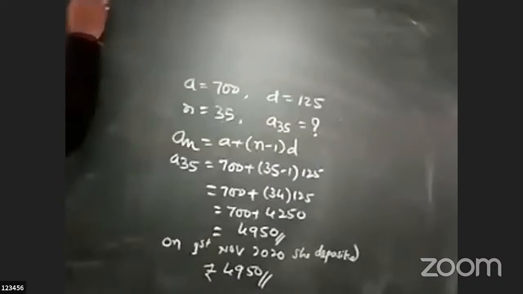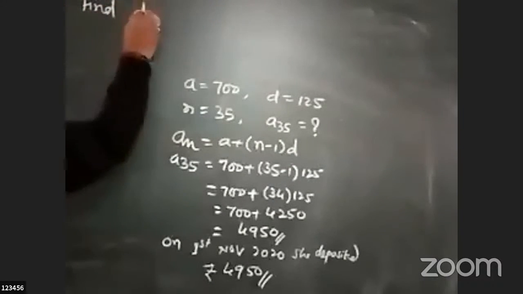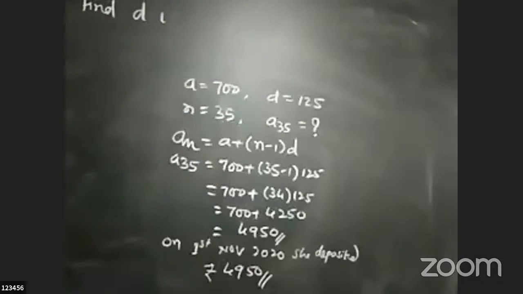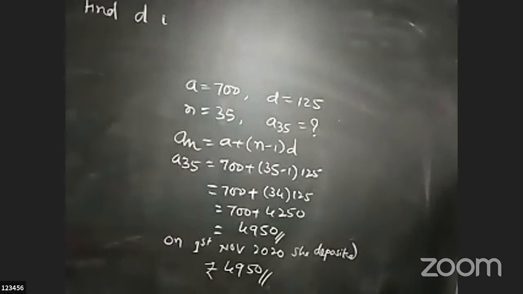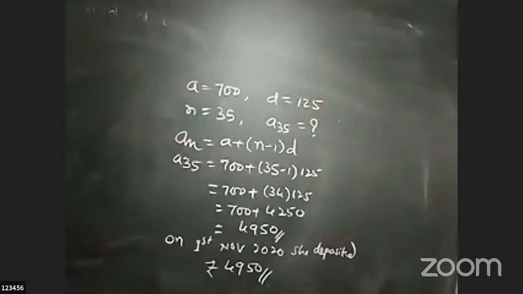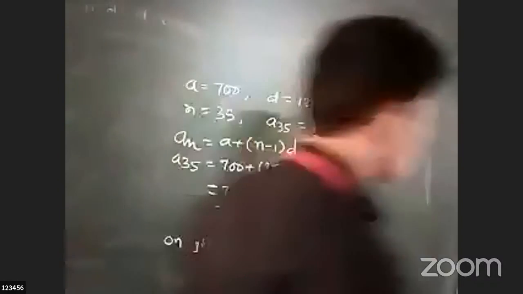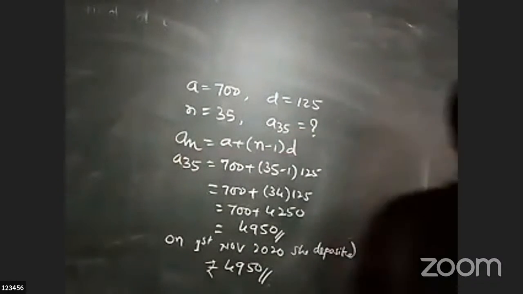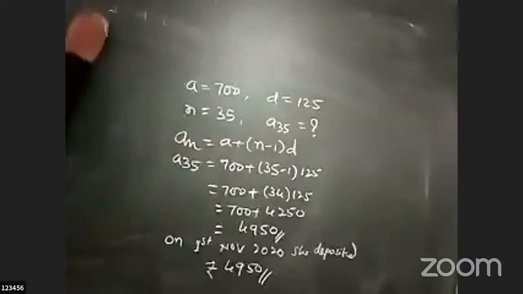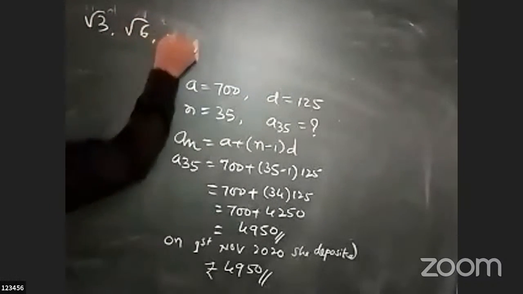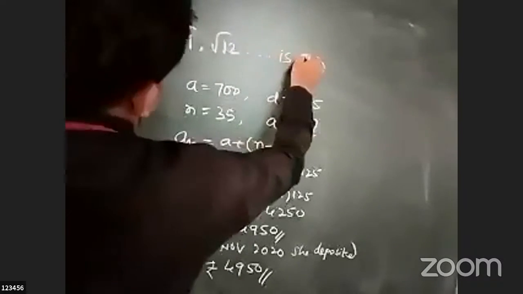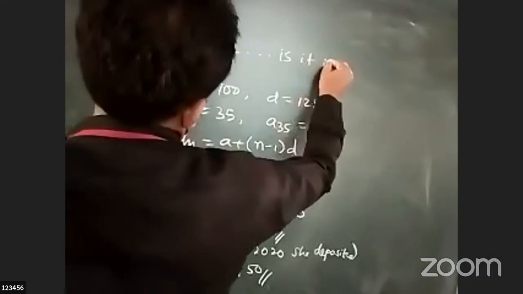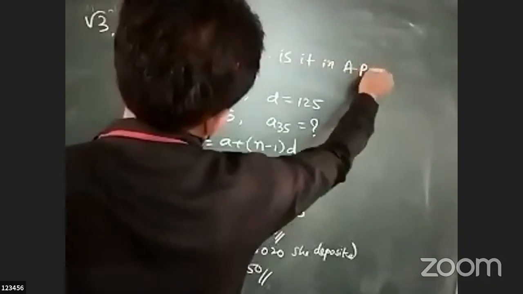Or better say, not find d. The problem is root 3, root 6, root 9, root 12, and so on. Is it in AP?